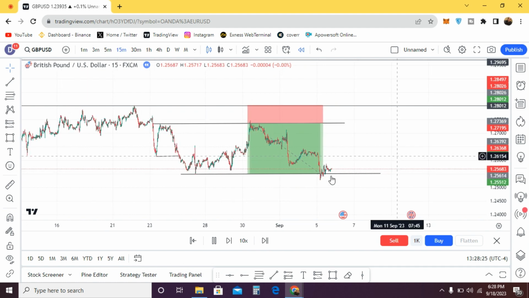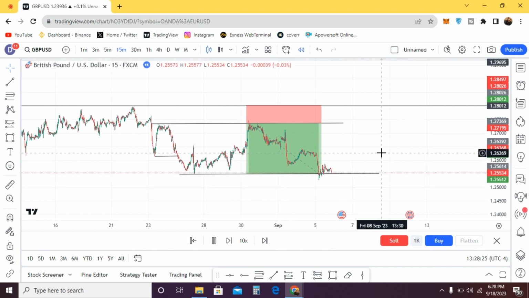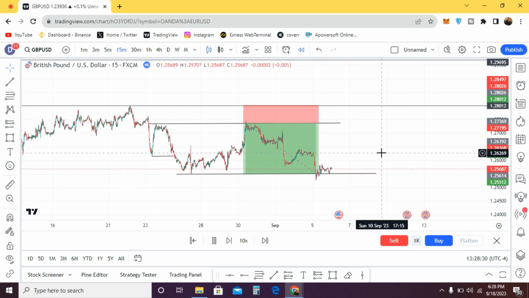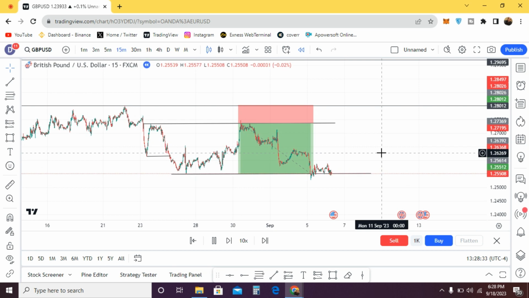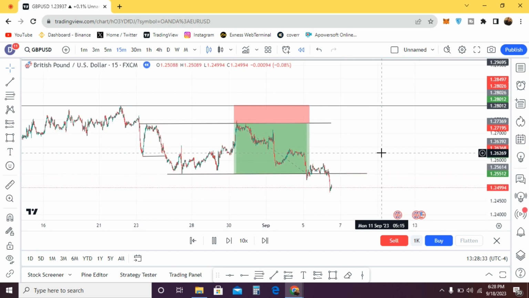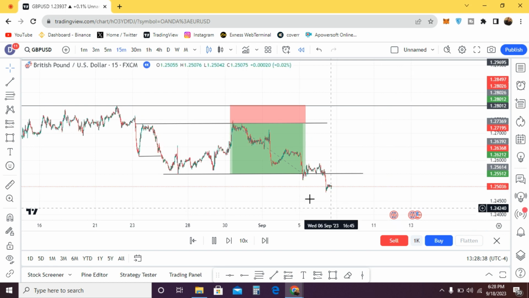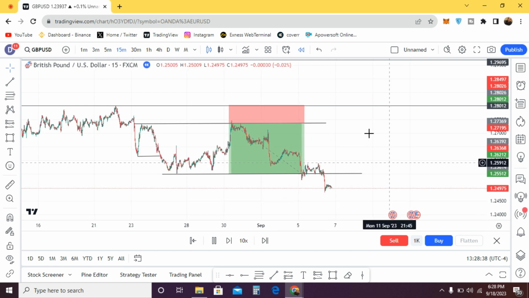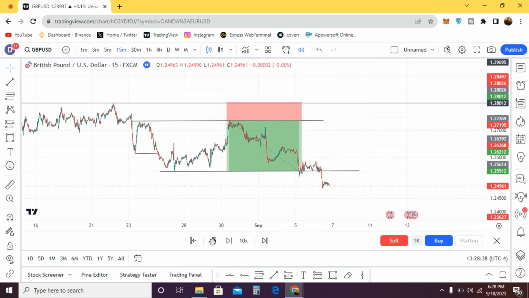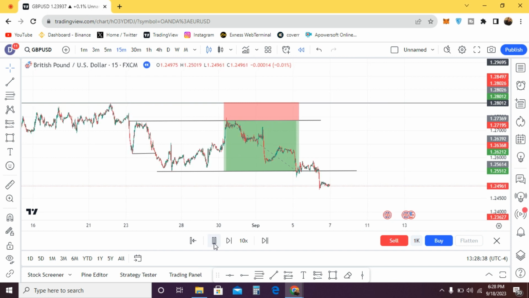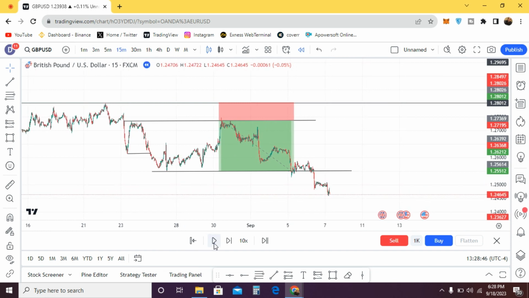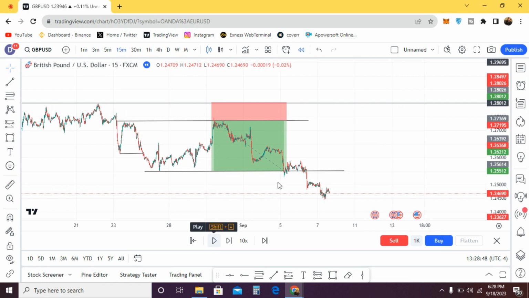So let's just wait for the market to play around again, and it will give us maybe a valid zone in which we could enter again for another sell. So I'm seeing something over here, over here, over here. Now, as we can see, let's come down again back to our analysis. We now saw that the market broke out.